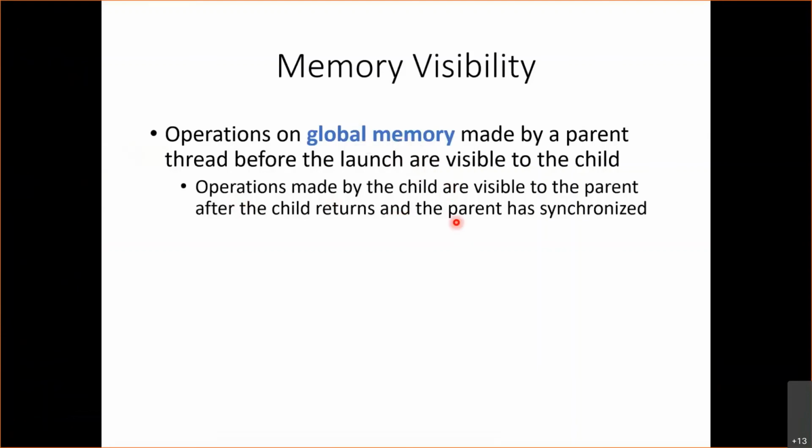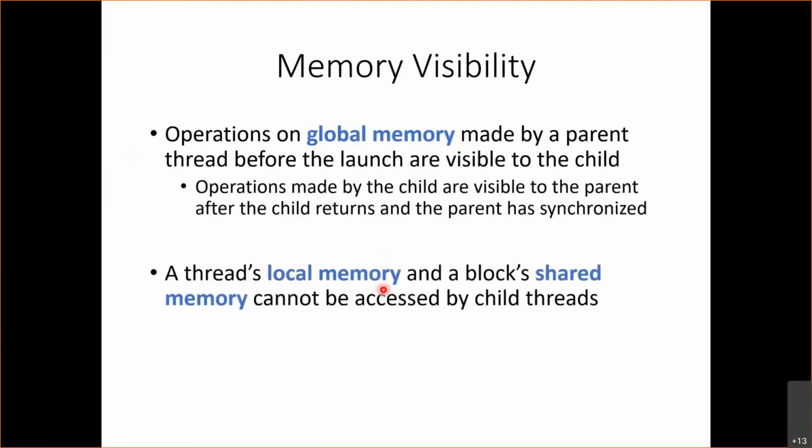Another thing to note is that a thread's local memory and a block's shared memory cannot be accessed by a child thread. So if a thread block uses shared memory, a thread that uses dynamic parallelism to call another grid should not pass a pointer to shared memory to its child threads. Why not? They might not run on the same SM. Right, exactly.